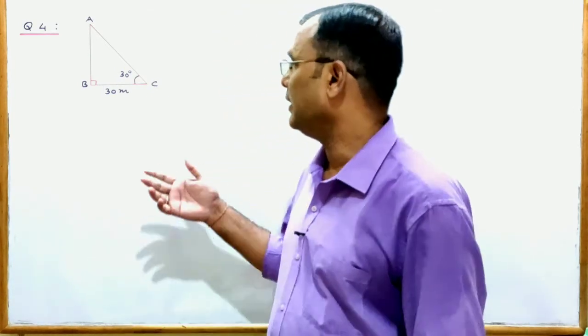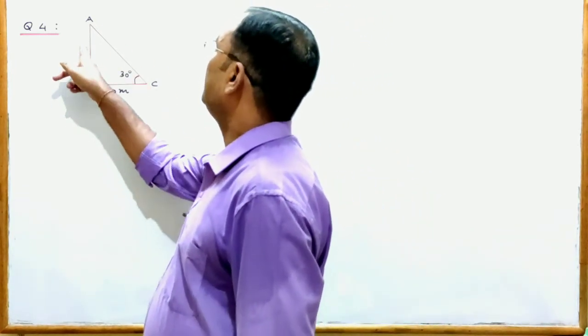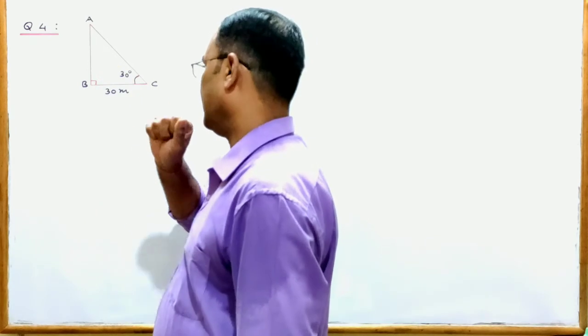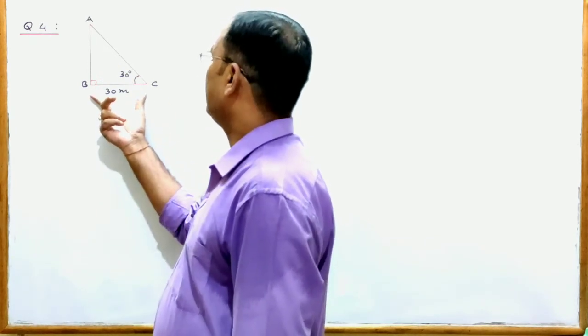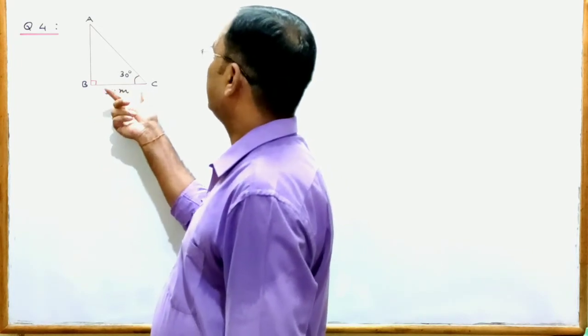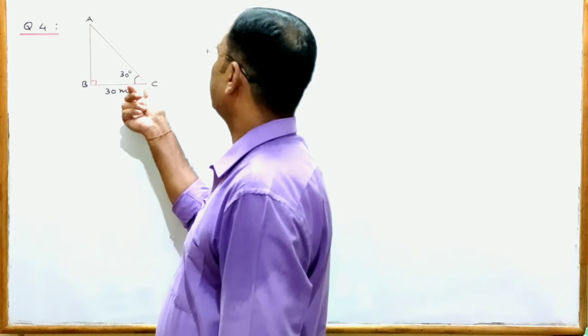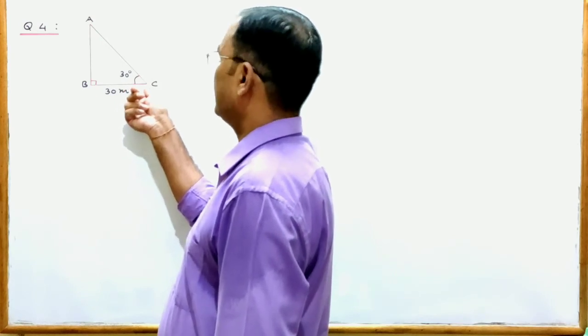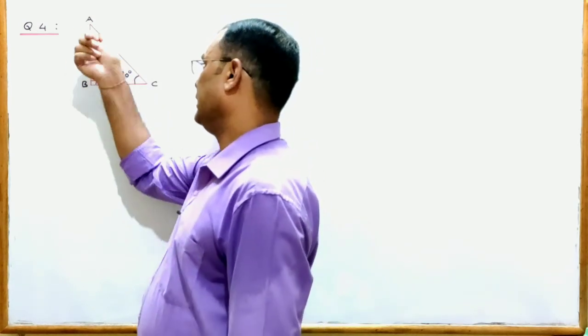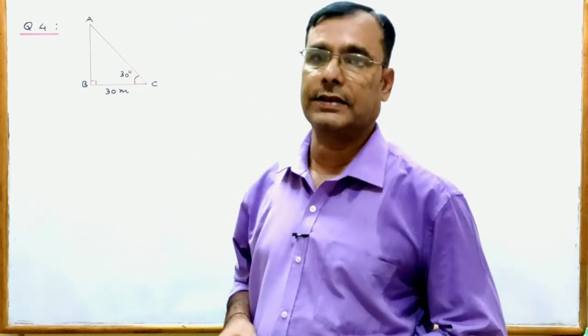So here is a figure. In this figure, AB represents the height of the tower, BC 30 meter, C is a point 30 meter away from the foot of the tower, and from this point C, the angle of elevation of the top of the tower is 30 degrees. We have to find height of this tower.